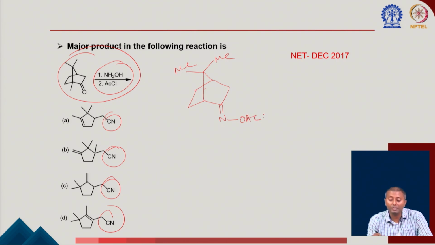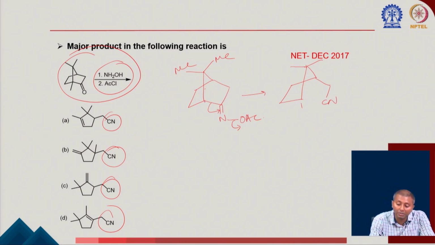So now what you are seeing here is that if there is a possibility of a carbocation generation which is stabilized, then it will go for that route instead of the Beckmann rearrangement. So that's why this bond is going to get clipped to get rid of the OAc, that will generate the corresponding CN and a carbocation here.